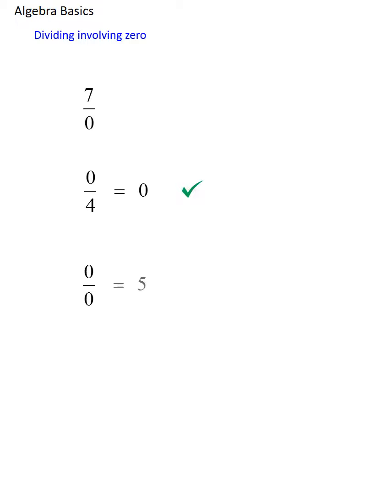What if we claimed something ridiculous, like 0 divided by 0 equals 5, or just any number? That also fits the pattern. 0 times 5 also equals 0. So it was decided that 0 divided by 0 shouldn't be 0, or anything else for that matter.